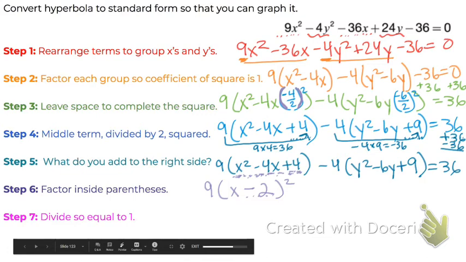And you can double check yourself if you want. Say, what is x minus 2 times x minus 2? And do FOIL method to multiply that. You see, when you simplify that, that is x squared minus 4x plus 4. So of course you can check yourself. Now let's look at the second one.